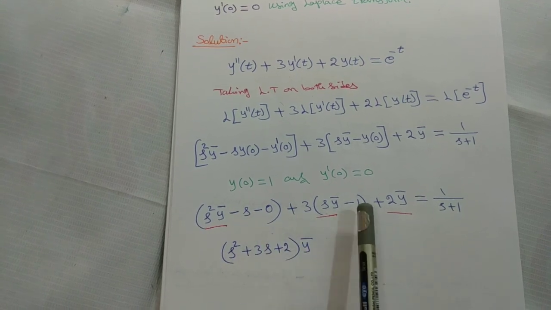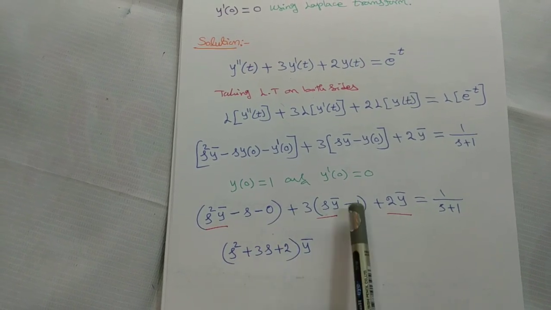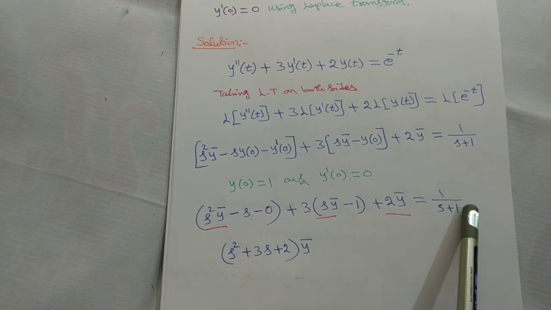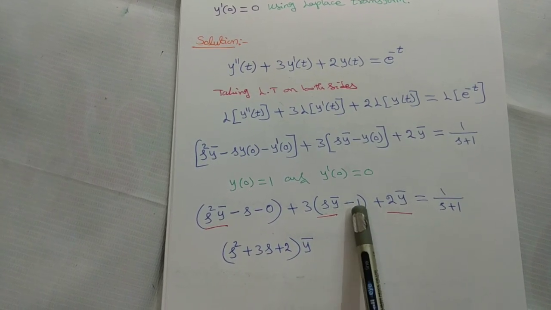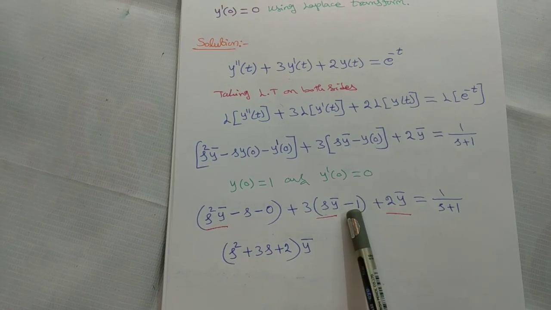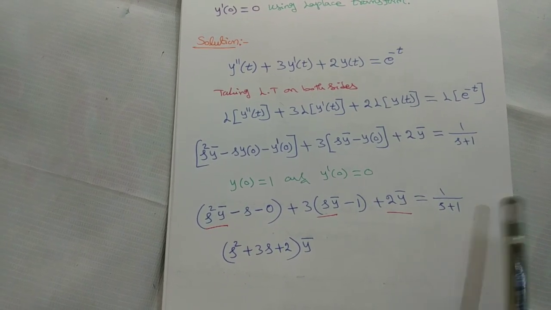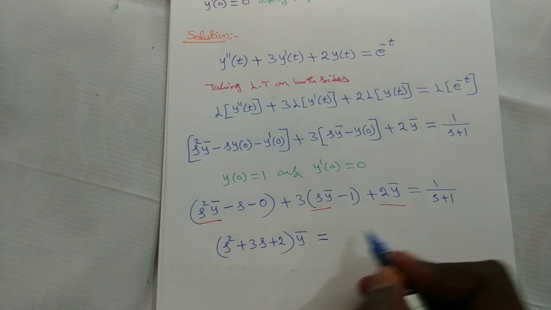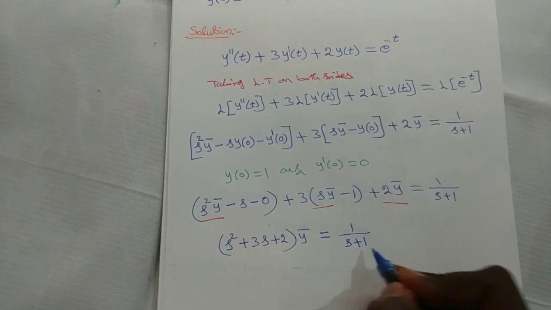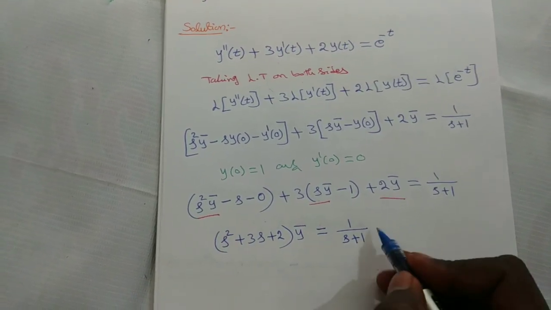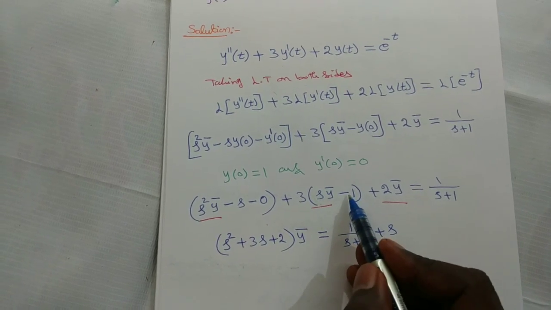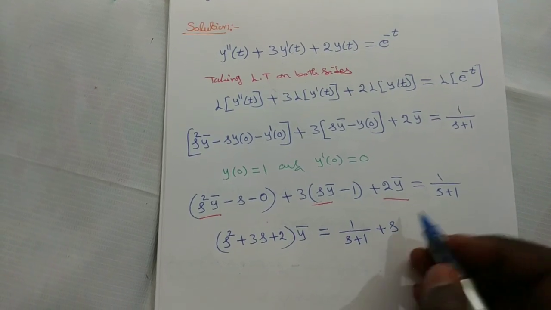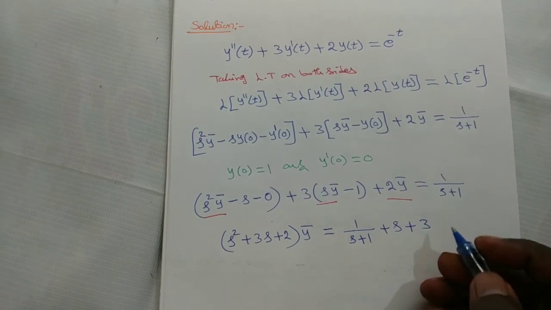Minus s minus 1. Take these two terms to the right-hand side. But this is not minus 1: when you multiply 3 inside, this is minus 3. This minus 3 can be taken to the right-hand side as plus 3. So on the right-hand side we have 1/(s+1). When you take minus s to the right-hand side, this is plus s, and 3 into minus 1 is minus 3, which on the right-hand side is plus 3.